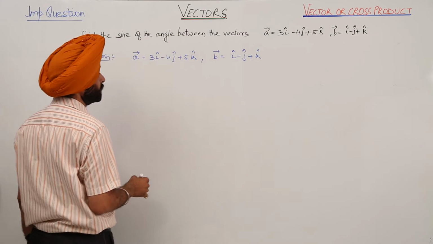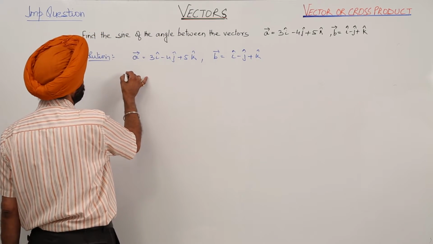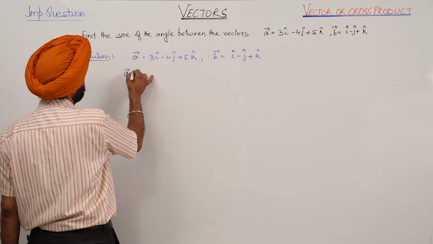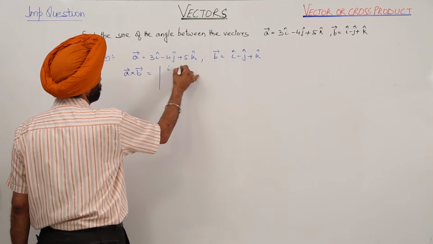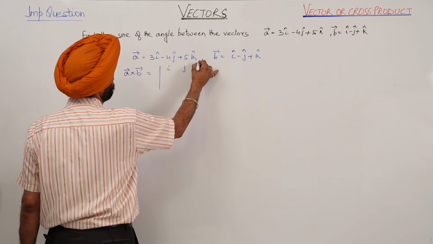Now, the cross product between vector A and vector B, writing it in the determinant form.